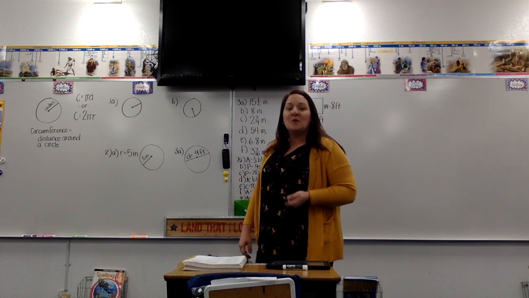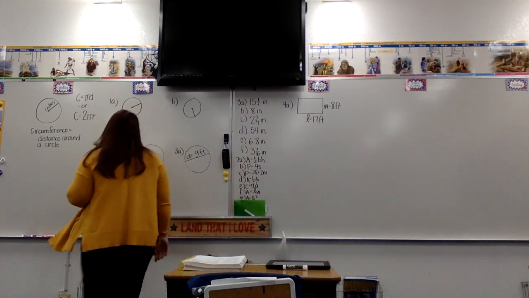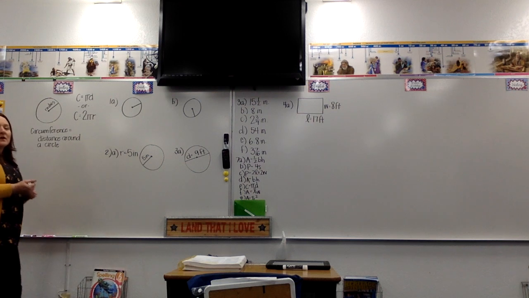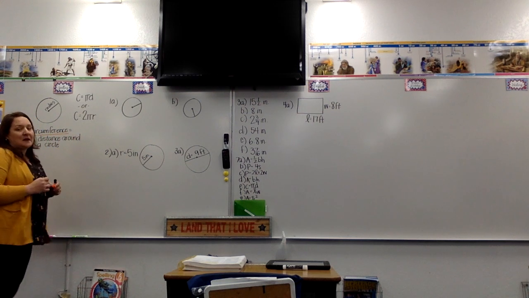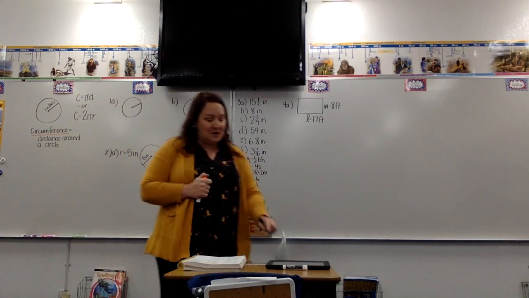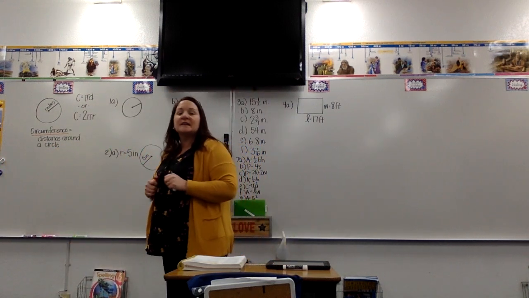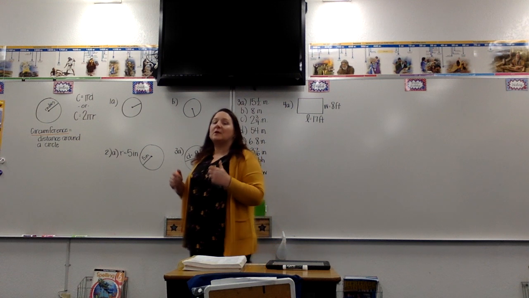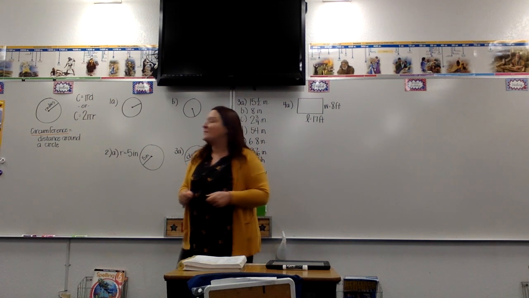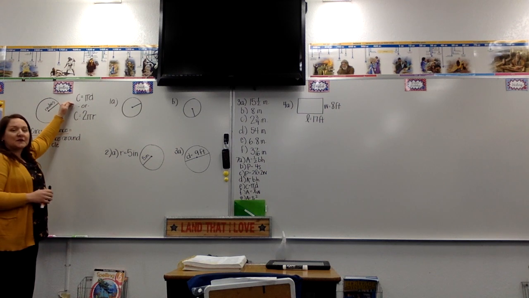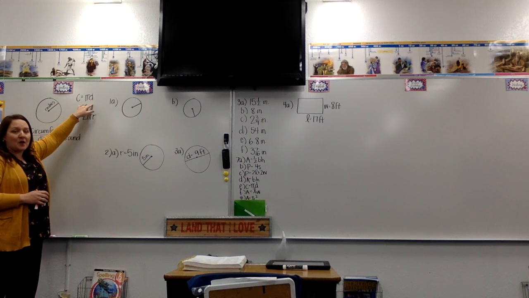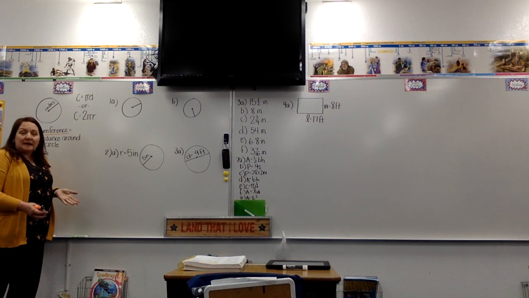So today we're going to work on finding circumference again. And you're thinking, what in the world? We just did this. But we are finding circumference with the radius instead of the diameter. Yesterday we said to find circumference, we did pi times diameter. Well, what if you're only given a radius?